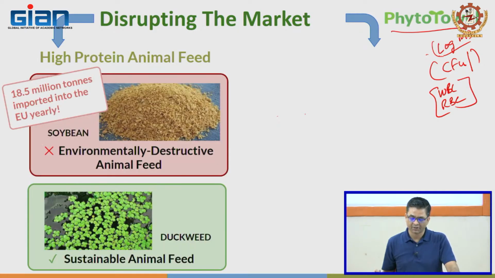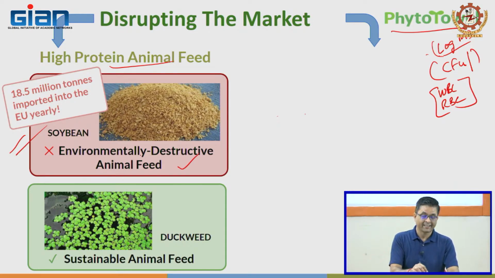So, coming back to this one, this was all the pitch: high protein for animal feed in duckweed. Animal feed using soybean crops is environmentally destructive at this stage, because we need more and more land to grow crops. Population is increasing, we do not have land, so we start cutting the forest.